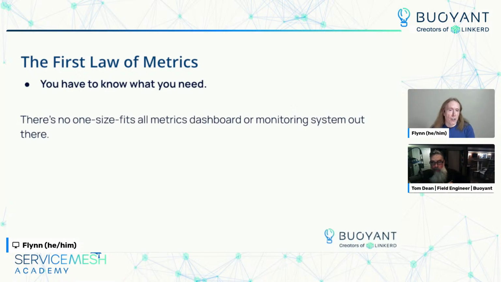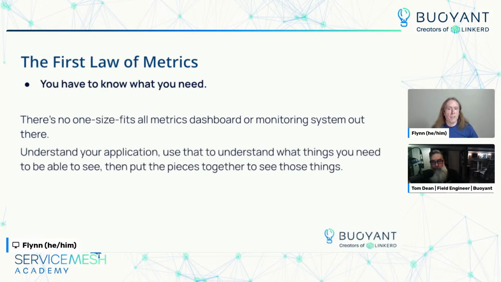And so you've got to start by knowing what you need. Specifically, you have to understand your application well enough to know what sorts of things you want to look at. Then you can use that information to put together all the pieces of metrics to get the things that you want to see. It would be lovely if we had such a magic solution. Maybe ChatGPT will solve the world for us, but I kind of doubt it.